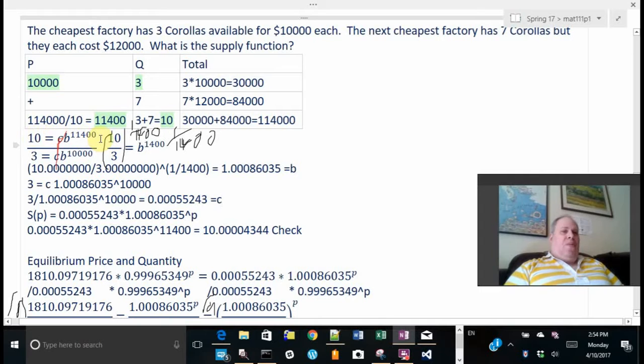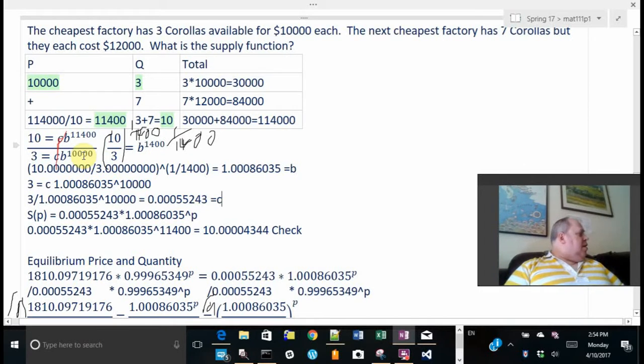Now, we're going to use the same math we did for the demand function, using 10,000, 3 and 11,400, 10. So 10 is going to be C B to the 11,400. And 3 is going to be C B to the 10,000.